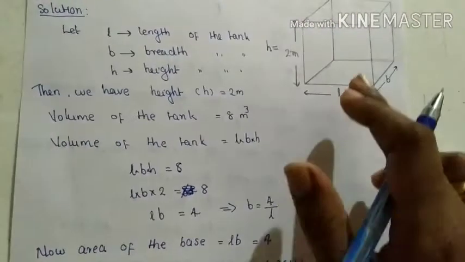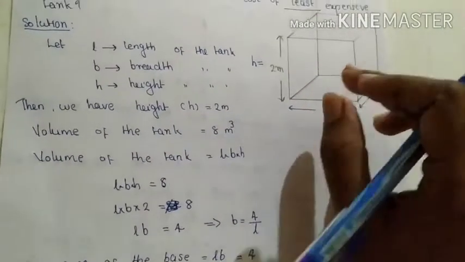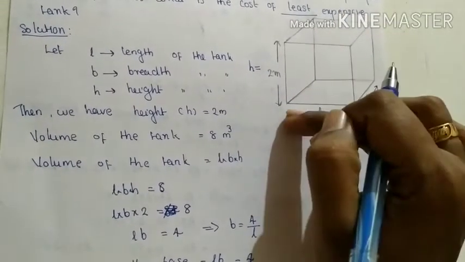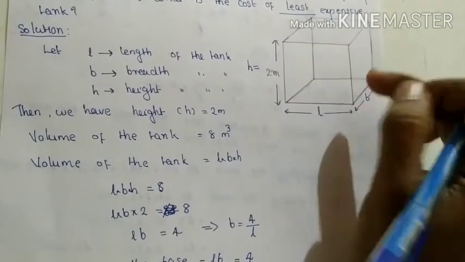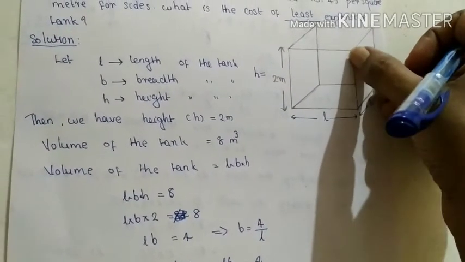Okay, area of walls denoted by A equal to, so considering these two sides, here length is L and this is height, right?